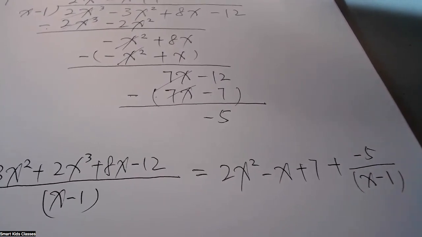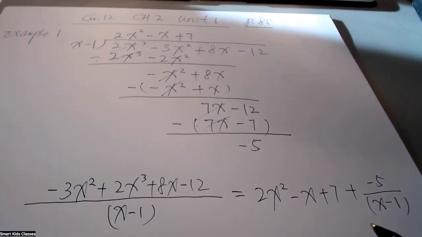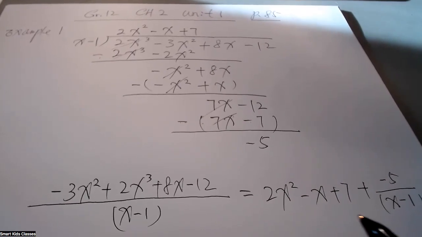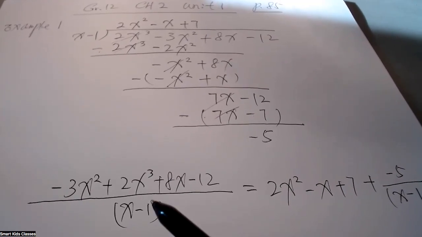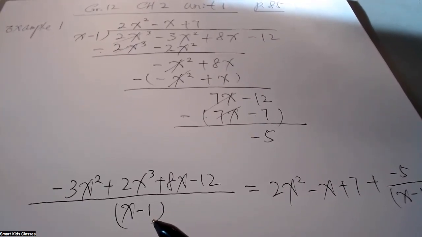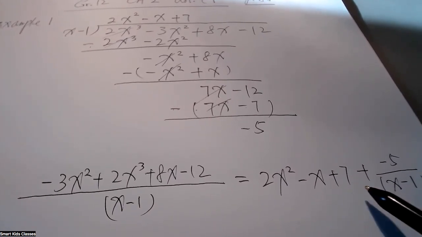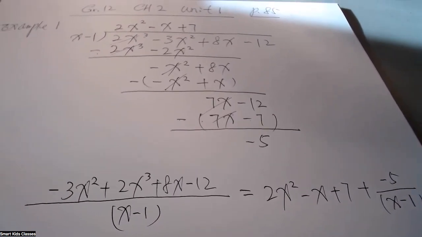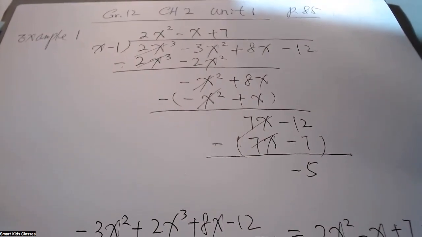And that's how to express the remainder. Good. The original function divided by x minus 1 equals the answer plus the remainder. And that's example 1.